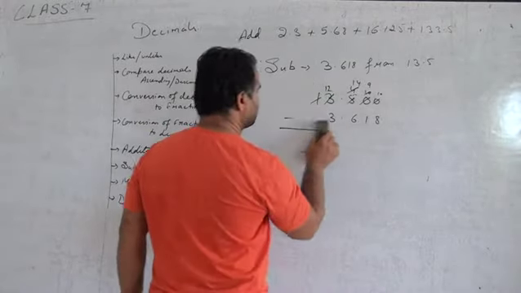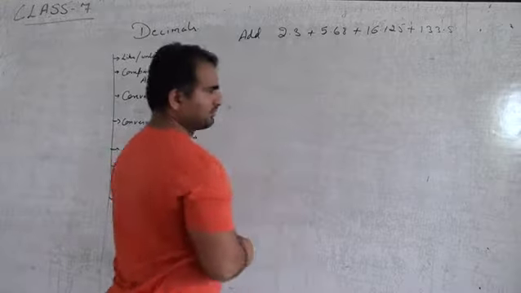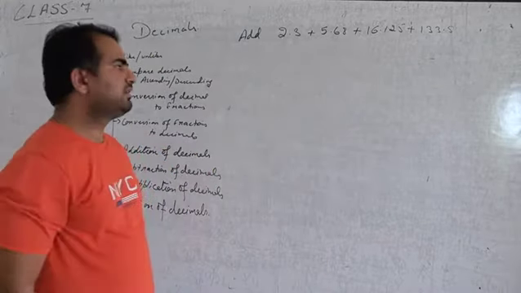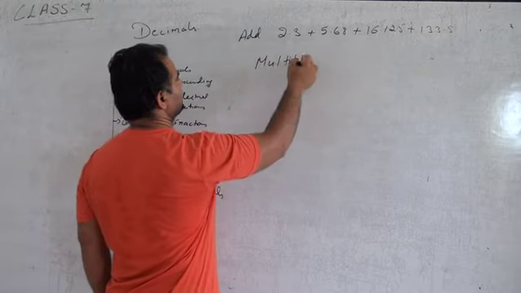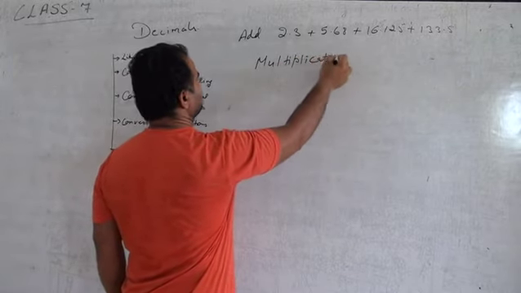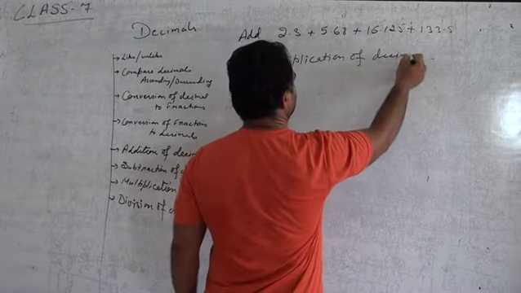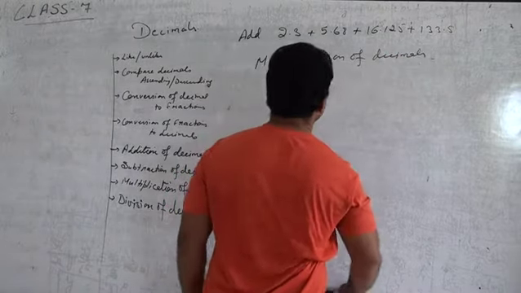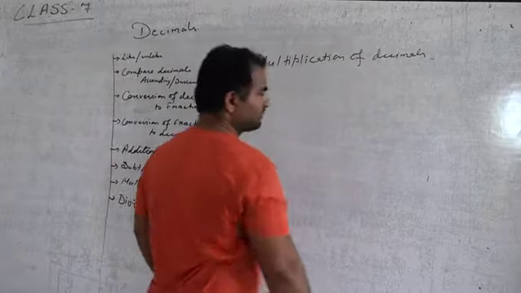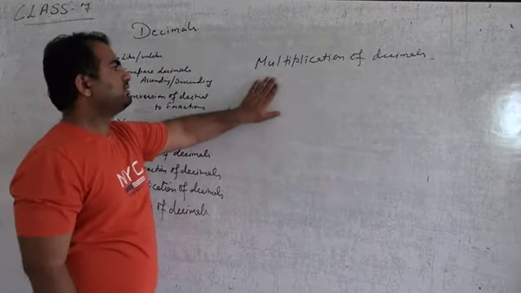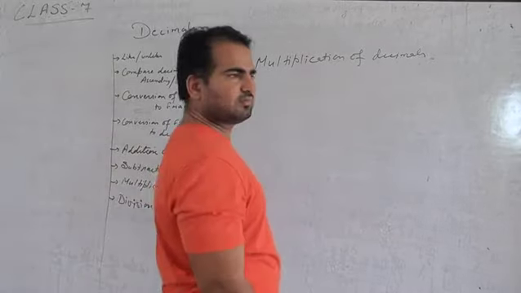Okay. Next step is multiplication of decimals. So what we have to do is multiply two decimal numbers by each other.